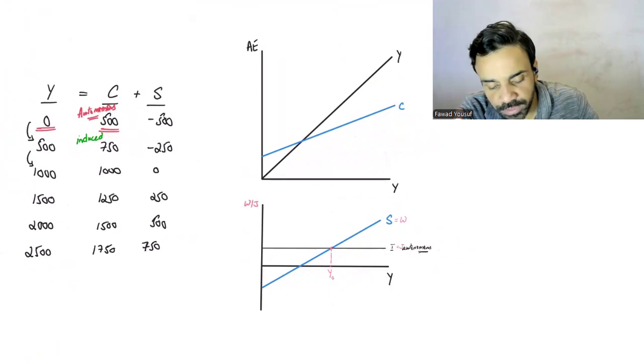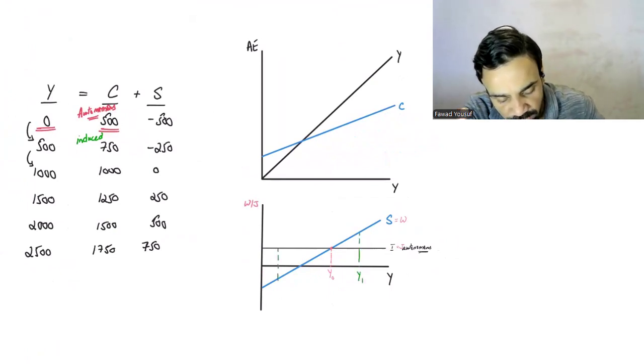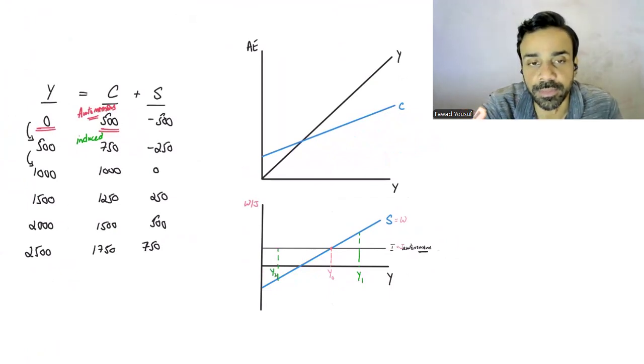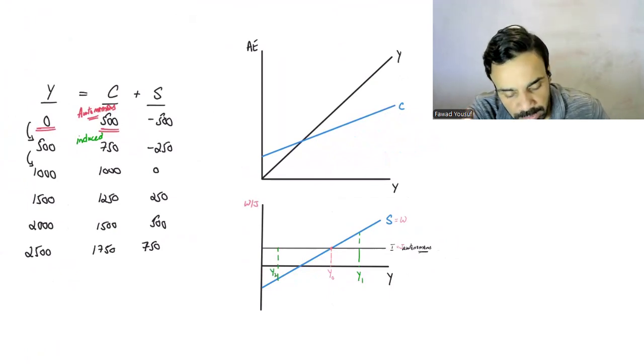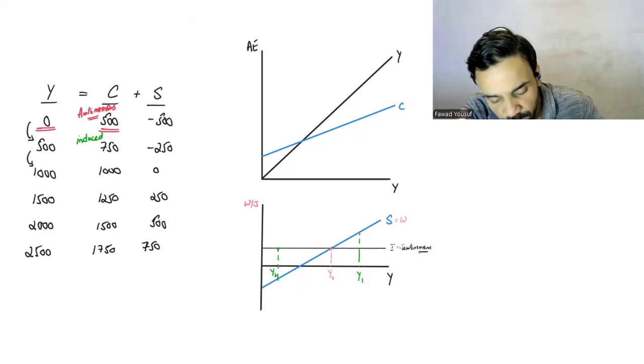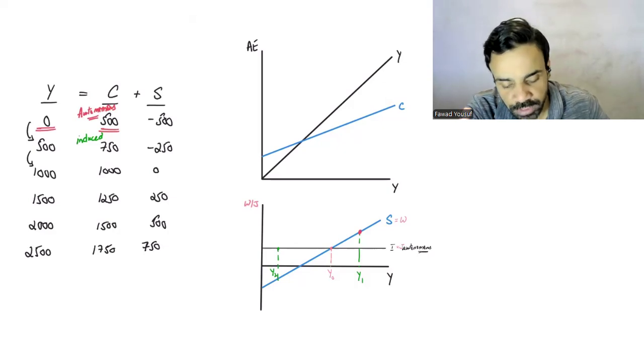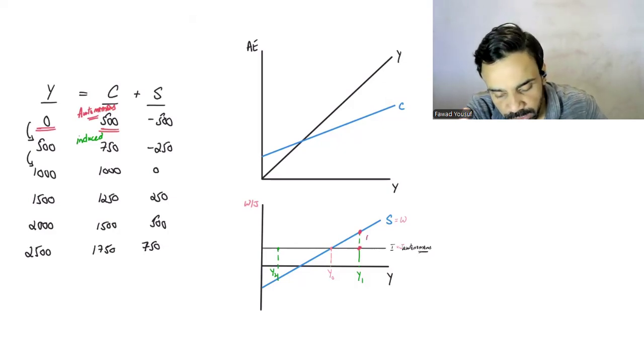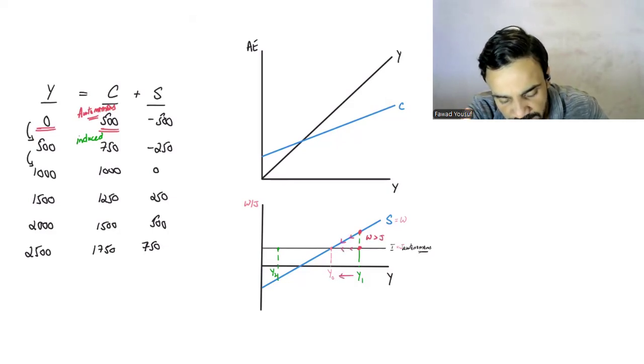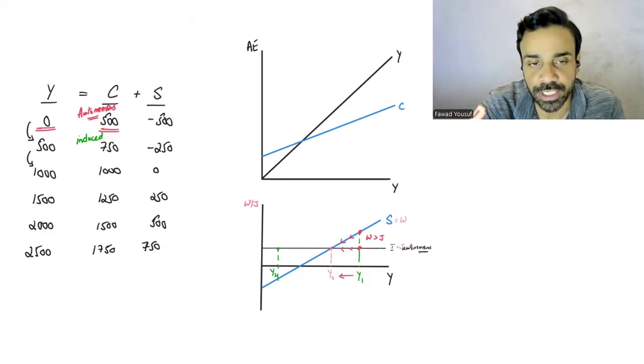On the right of this diagram and on the left of this diagram, you have disequilibriums. For example, at Y1, savings are more, money is going out of the system than coming in. So the withdrawals are greater than injections. So your economy starts to shrink and national income reduces.